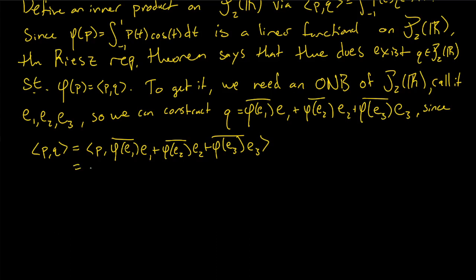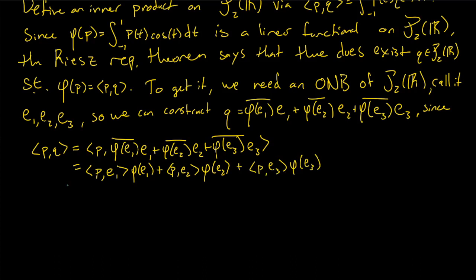And this part is not actually too bad. We just break it apart in the opposite way. I'm just reminding everybody of why this will be true. So I've got P inner product with E1 times phi E1 plus P inner product with E2 times phi E2 plus P inner product with E3 times phi E3. And now all I have to do is just put it right back together.